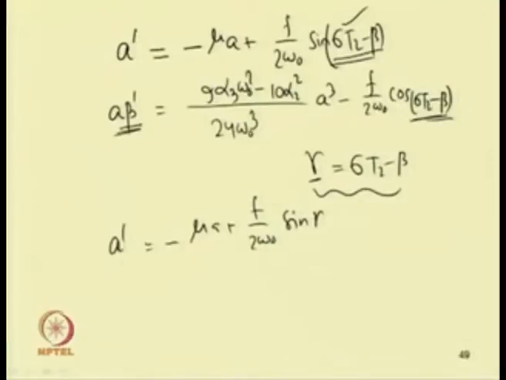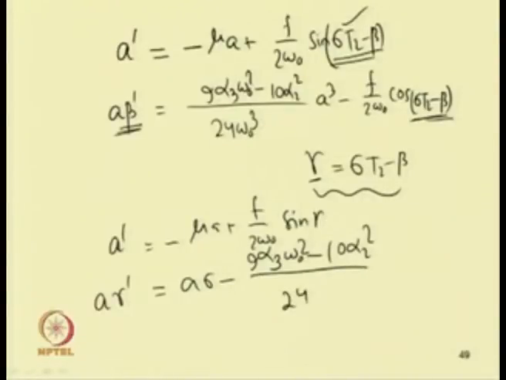For the second, we differentiate with respect to T 2: d gamma by d T 2 equals sigma minus beta dash, and substituting, A gamma dash will be equal to A sigma minus (9 alpha 3 omega 0 square minus 10 alpha 2 square) by 24 omega 0 cube A cube plus f by 2 omega 0 cos gamma.